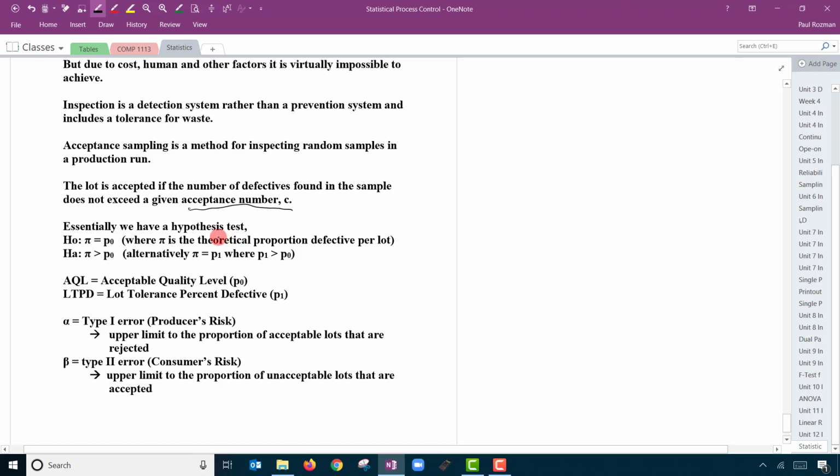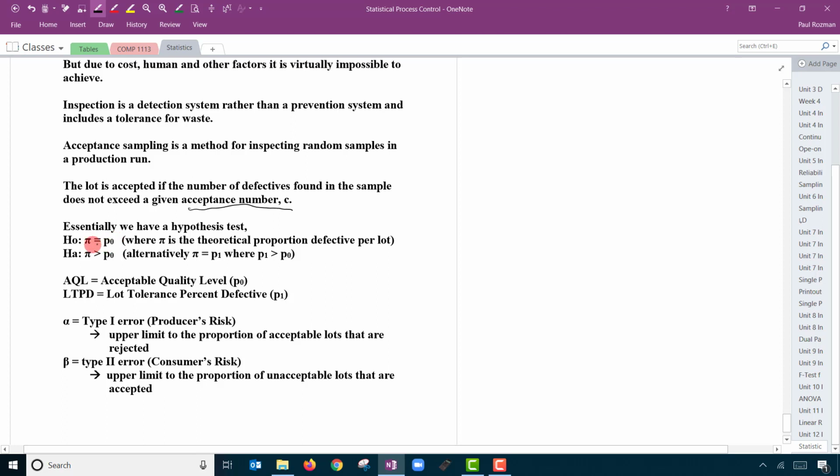But basically, you have a hypothesis test. Your null hypothesis is the proportion of defectives is equal to the theoretical proportion of defectives that I would accept to be defective. As I'm shipping things out, I'm okay with 1% of my product having a problem. And hopefully that's what I'm manufacturing, that the stuff I'm sending out actually is 1% defective.